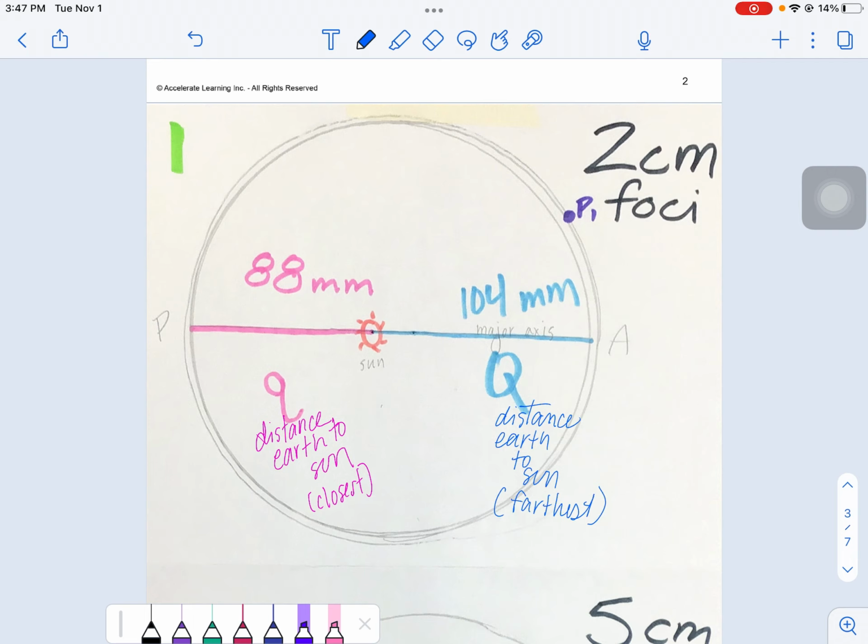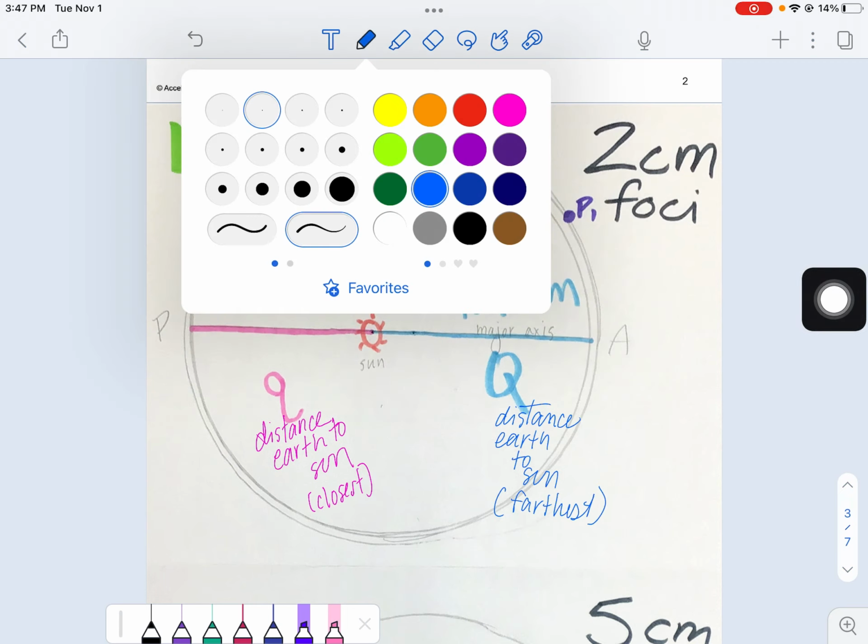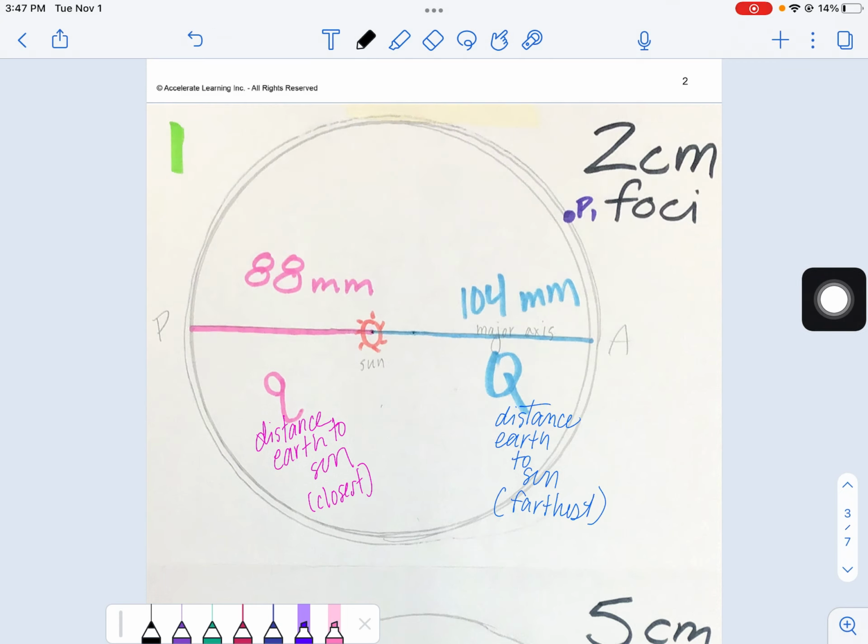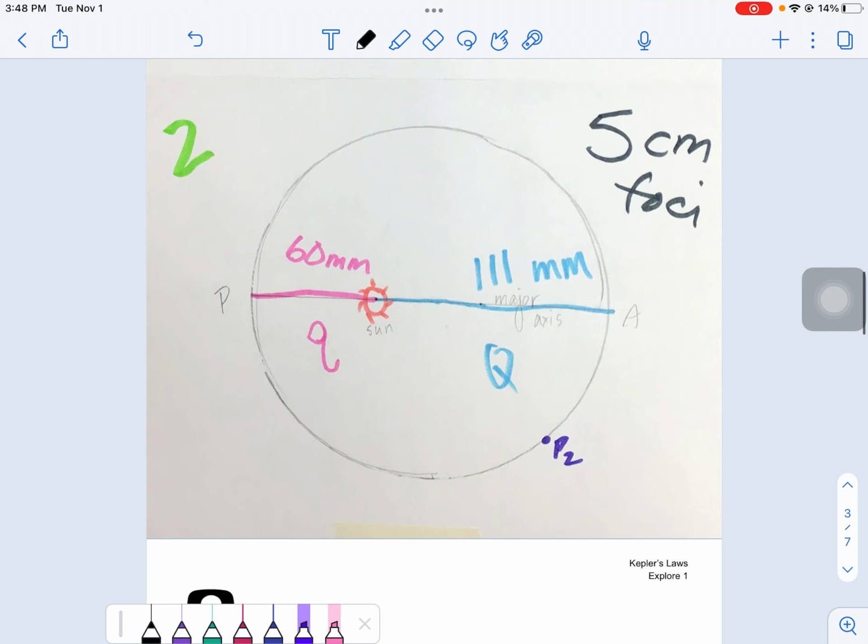And we want to know what happens in the ellipse that determines these distances. It all has to do with our foci, our center points, and those we set up in class the first day using our push pins. This first diagram has a 2 centimeter foci distance, whereas this one had a 5 centimeter foci distance.